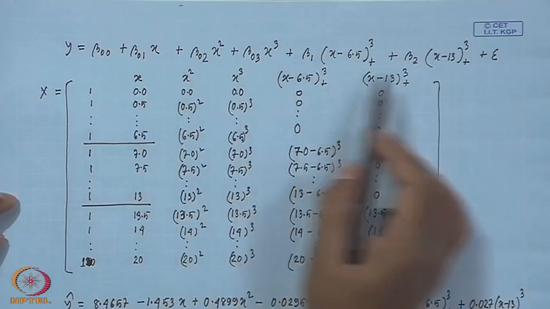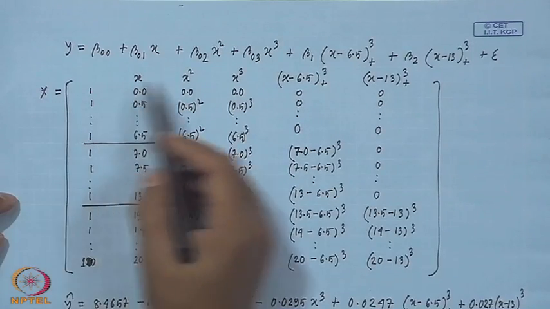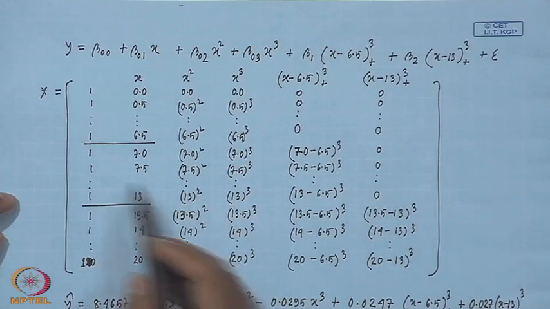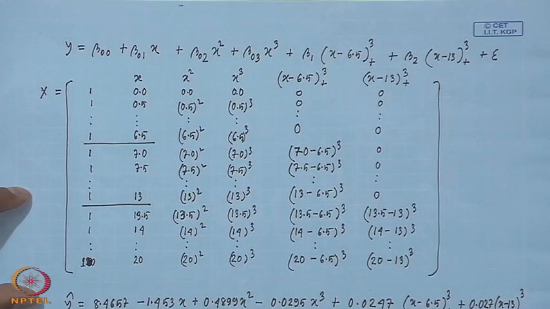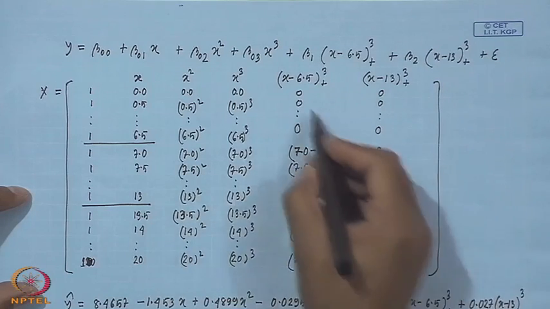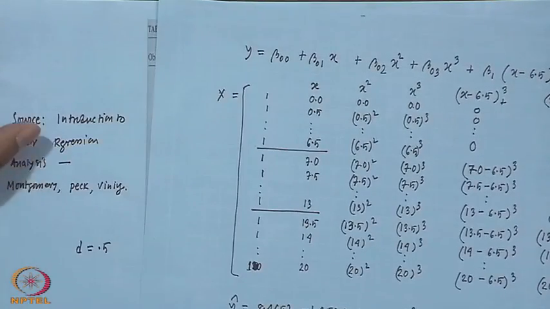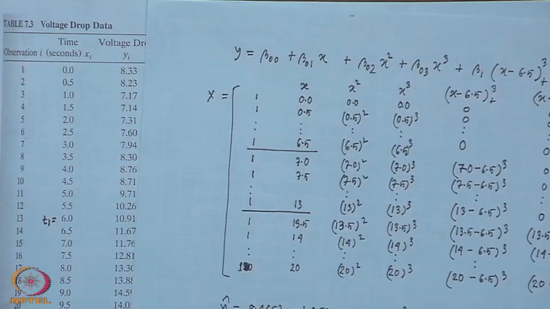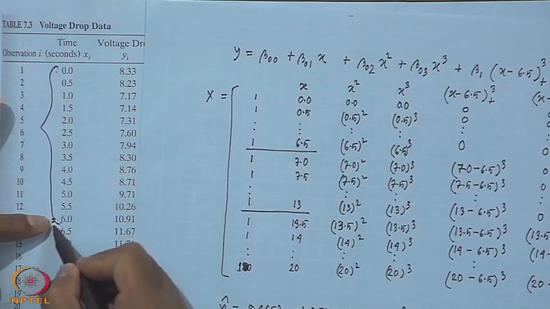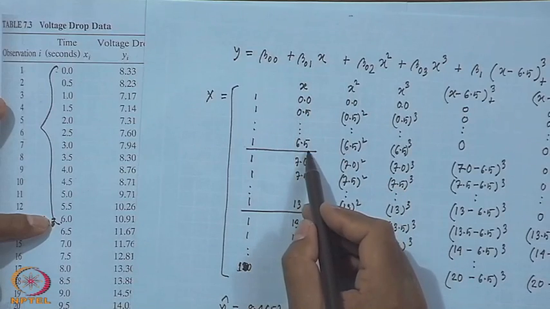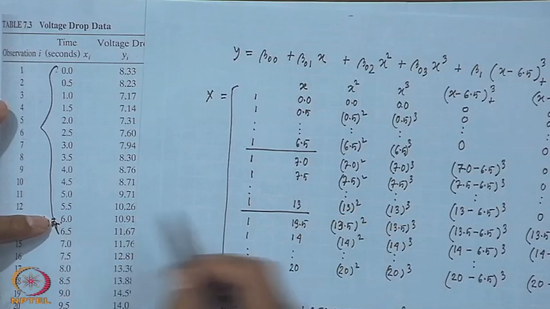Now I will explain how to get the coefficient matrix, because once you have it, you can do all the calculations and estimate the parameters. For the first segment, these are the x values, from 0 to 6.5.